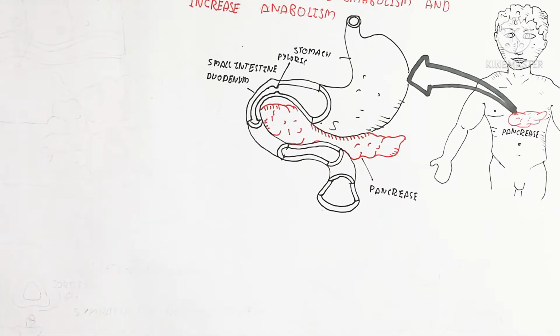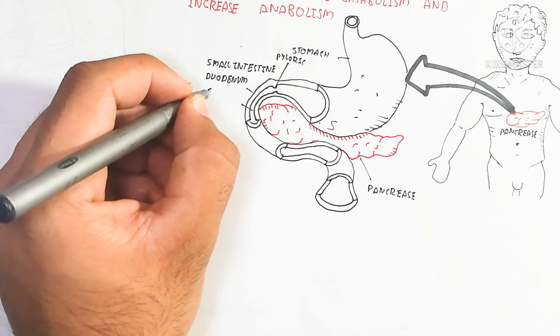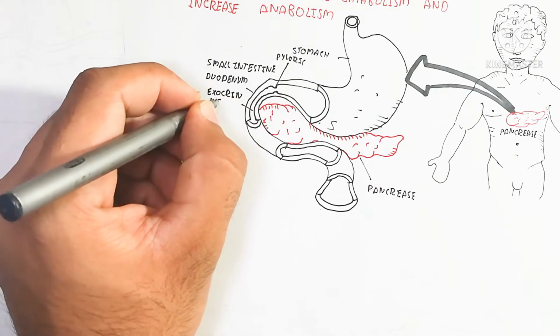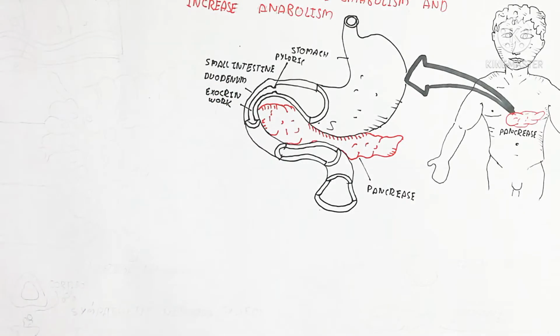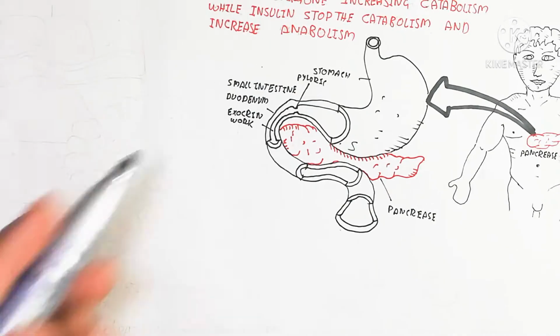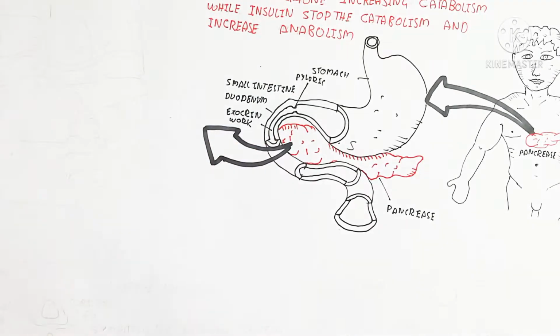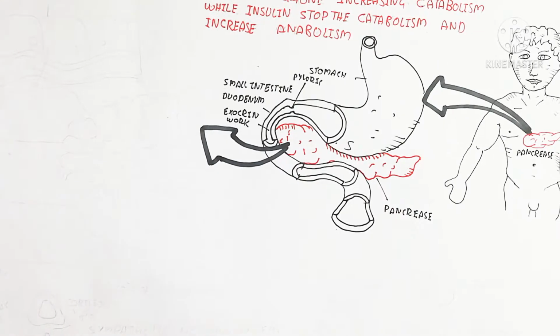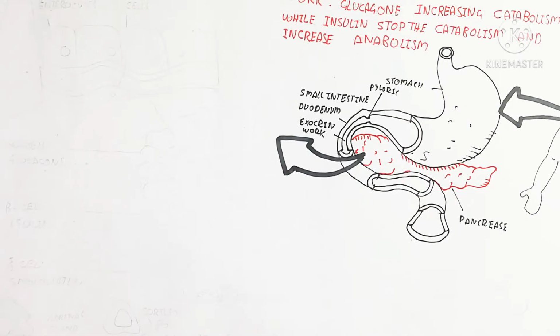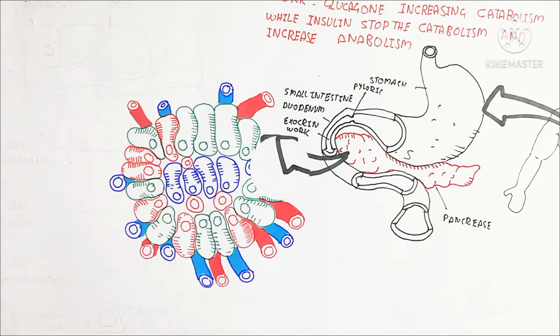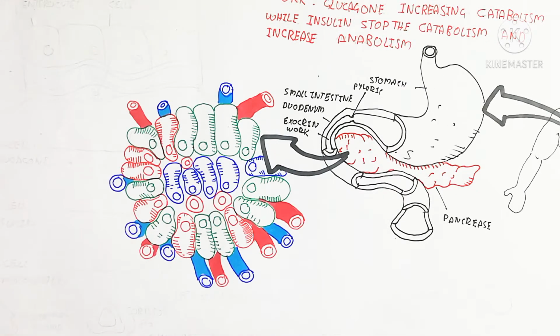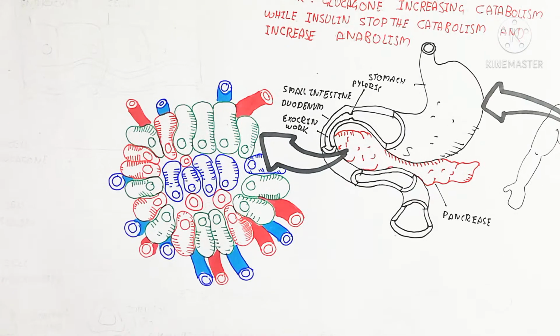while pancreatic amylase. On the other hand, the endocrine system, which produces hormones into the bloodstream, contains a tissue-like structure known as the islet of Langerhans. That islet of Langerhans contains alpha cells, beta cells, and delta cells.